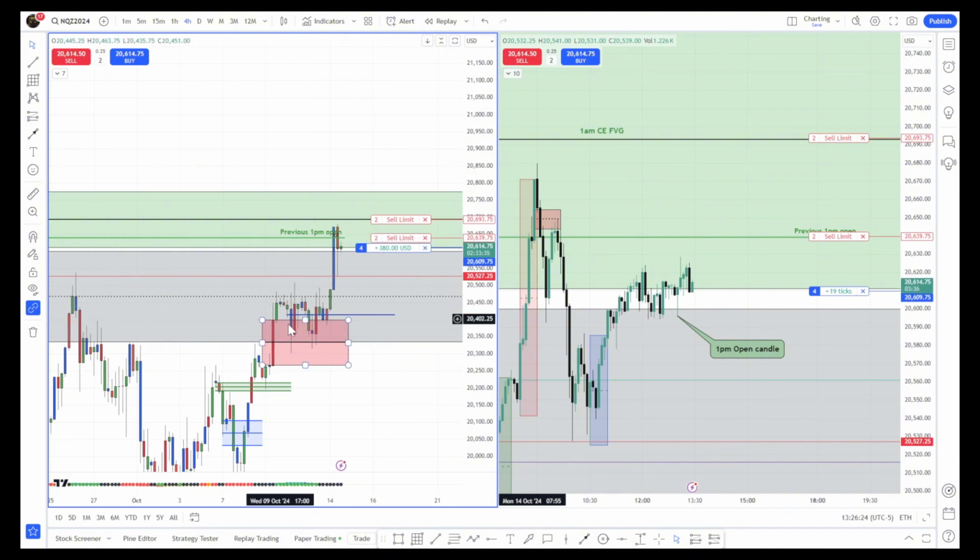Okay. And we have another 1 a.m. fair value gap. Okay, so we have possibilities. We have a previous 1 a.m. high, okay, which lies in this fair value gap, so we can highlight that.